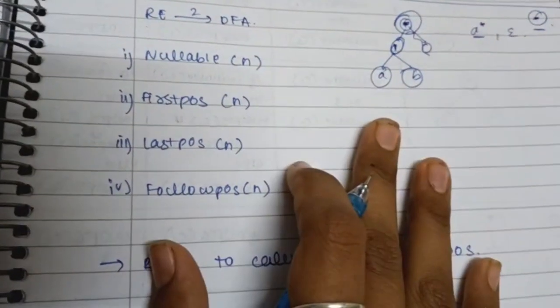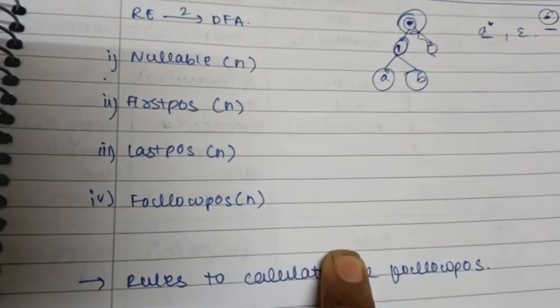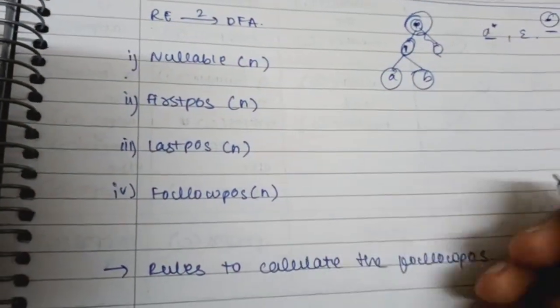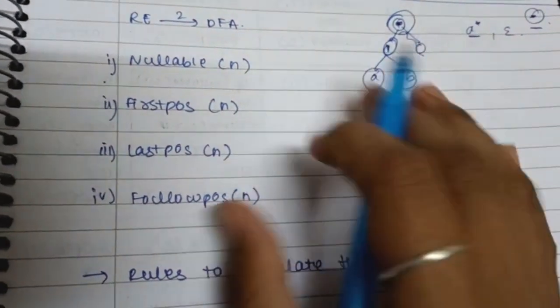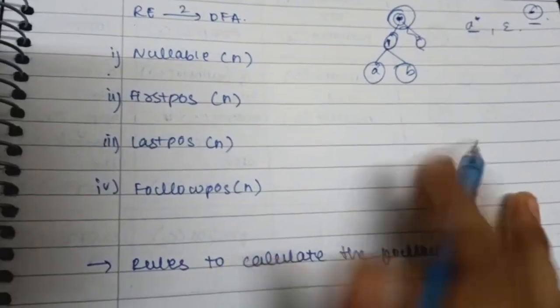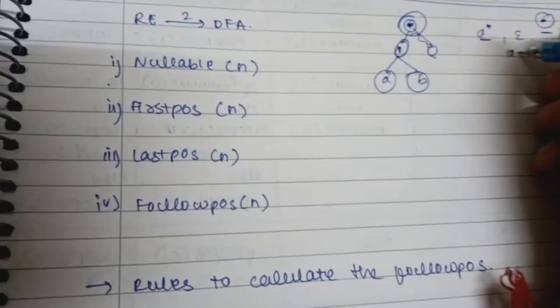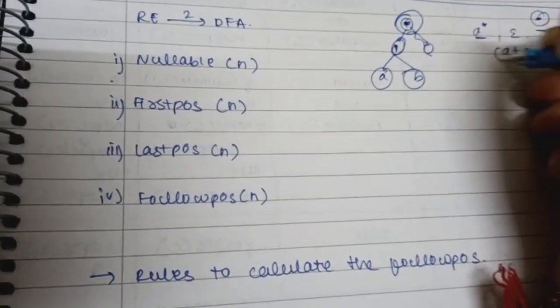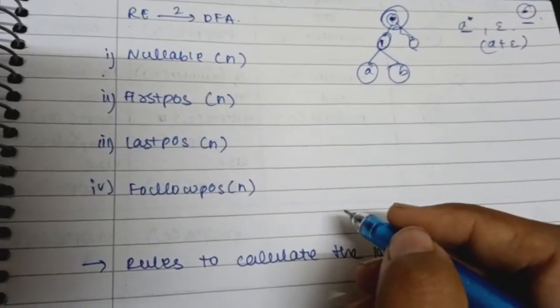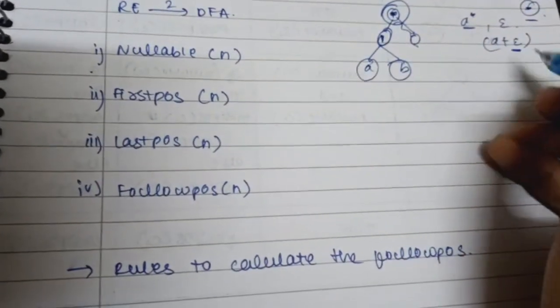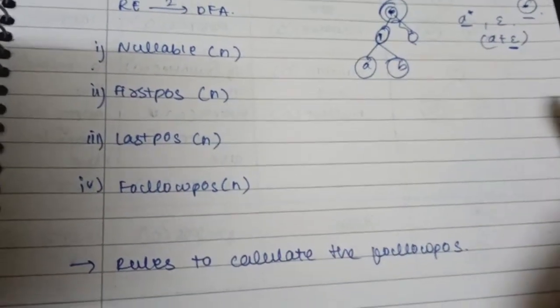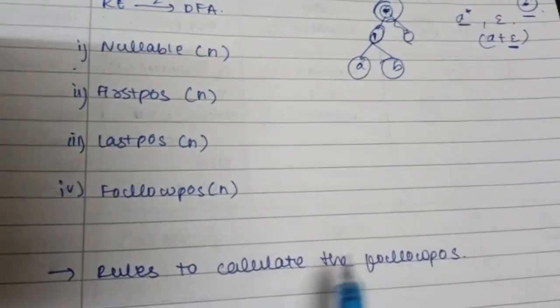These definitions can be asked, so I'm not writing them here, but you can note them down. For instance, in the expression A or null, it includes the null operator, or you can say epsilon or empty string, so the expression is said to be nullable.